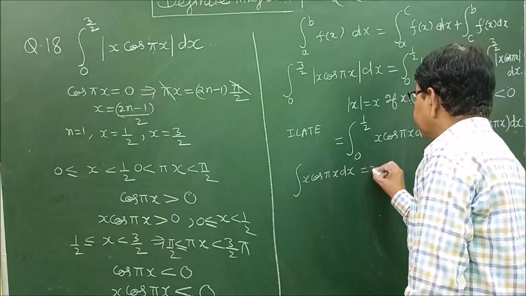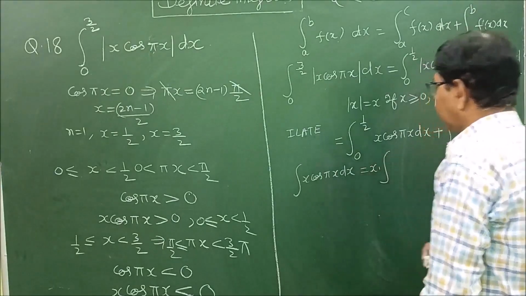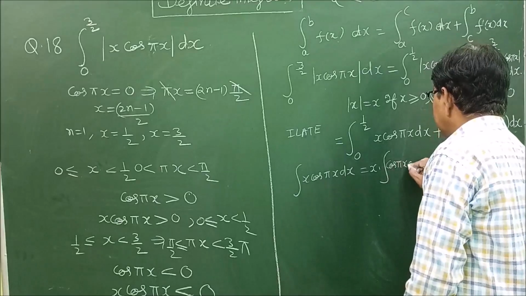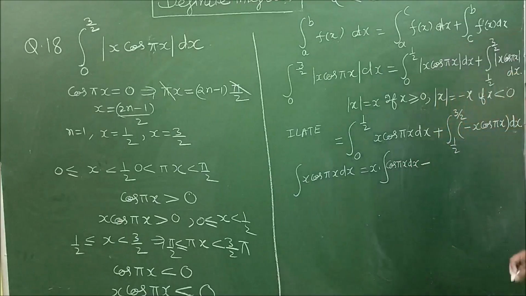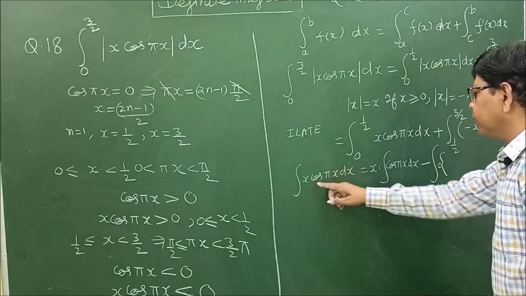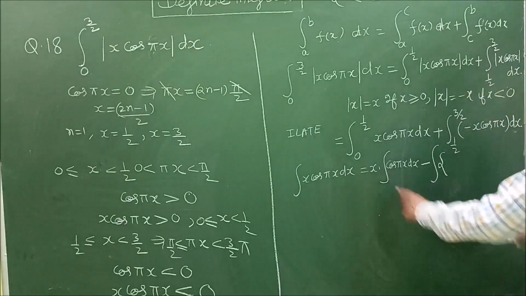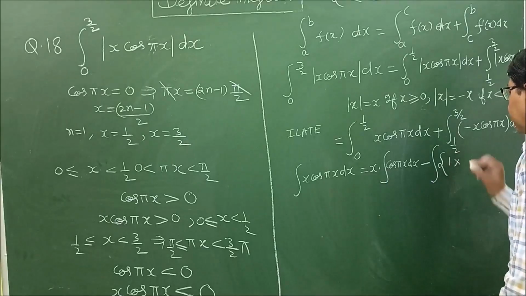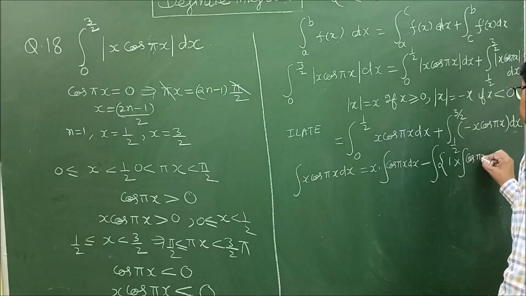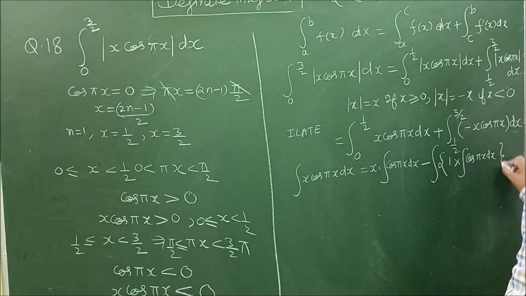Using that, first function times integration of cos pi x dx minus integration of the differentiation of the first function, that is d/dx of x, which is equal to 1, times the integration of the second function cos pi x dx, and the whole integral.